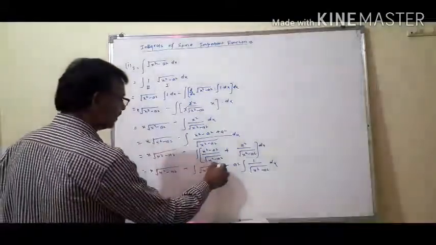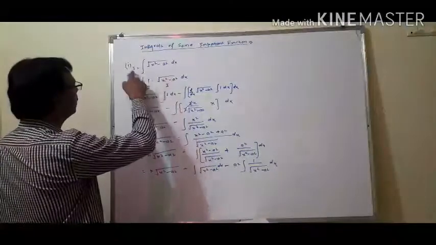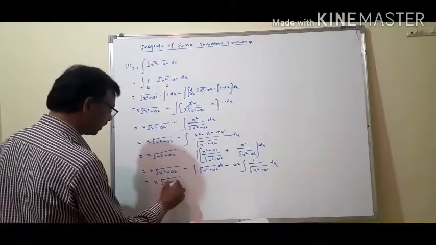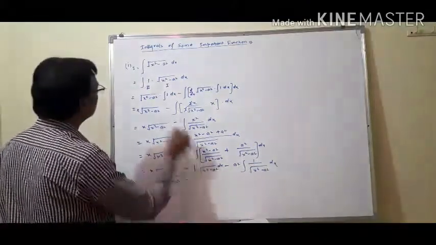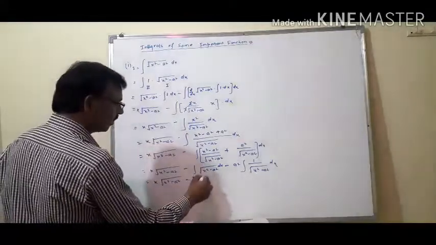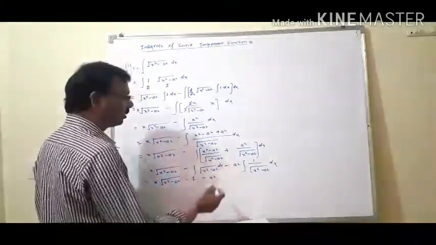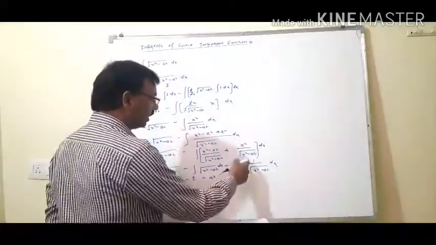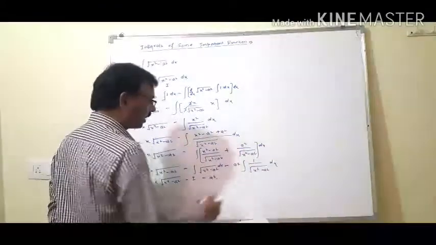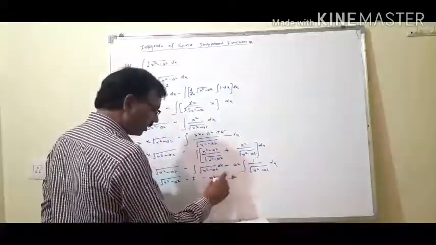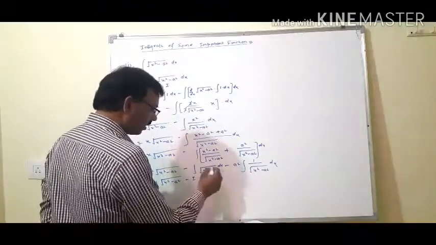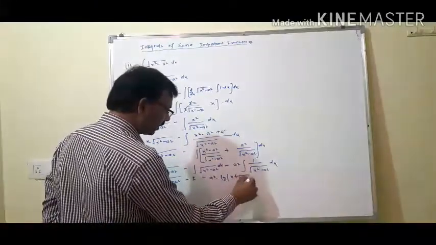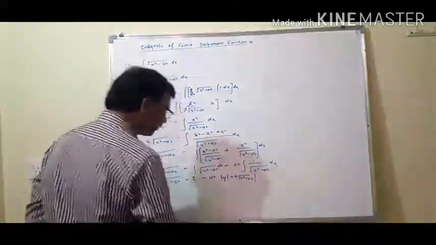Now you can see here this is equal to I, so this will be x root under x square minus a square minus, in the place of this we can write I, minus a square into, as you have already studied in the previous slide, integration of 1 upon root under x square minus a square is equal to log of x plus root under x square minus a square.